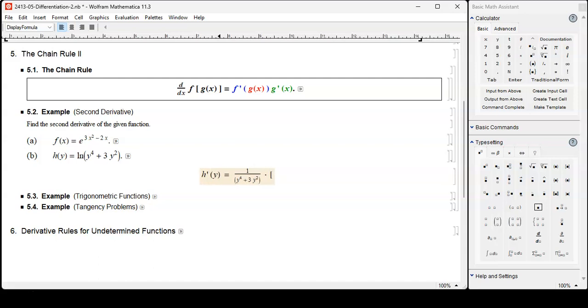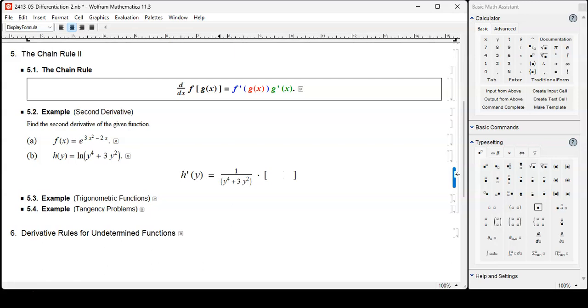And then I have to multiply by the derivative of the inside. Let me expand the font a little bit. Make sense? The outer function is logarithm. So 1 over whatever, and whatever is inside stays the same. You see, inside never changes.